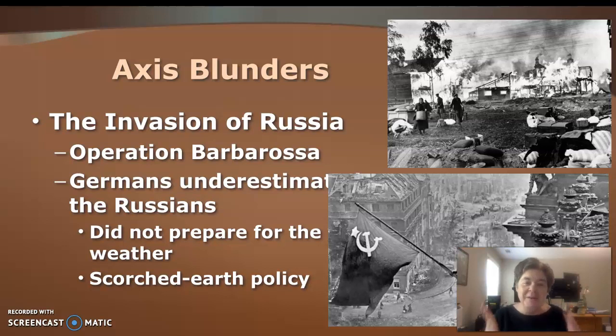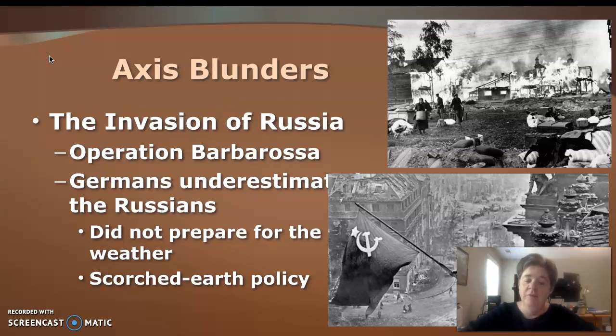3 million men he took with him to invade Russia. And in what was called Operation Barbarossa, every operation, of course, had a name. He invades Russia in July, August, somewhere in there. And clearly, the Germans underestimated the Russians.